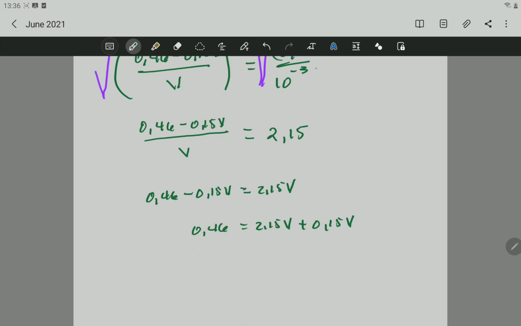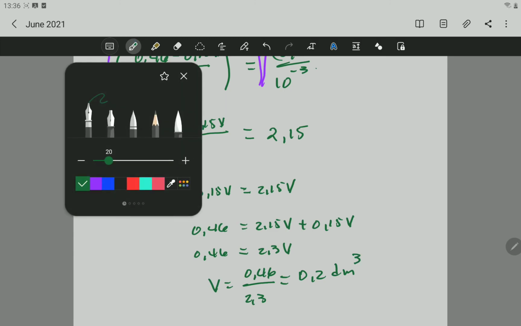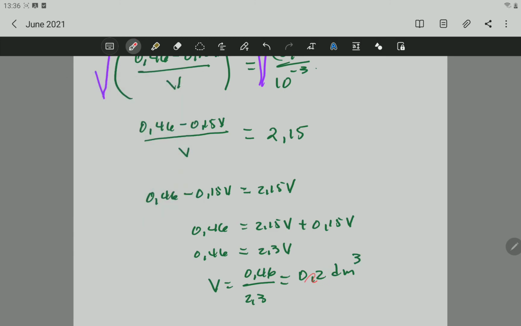When you do this one, we have that 0,46 is equal to 2,3v. So v will be equal to 0,46 divided by 2,3, and this is equal to 0,2 cubic decimeter. This is the final answer.